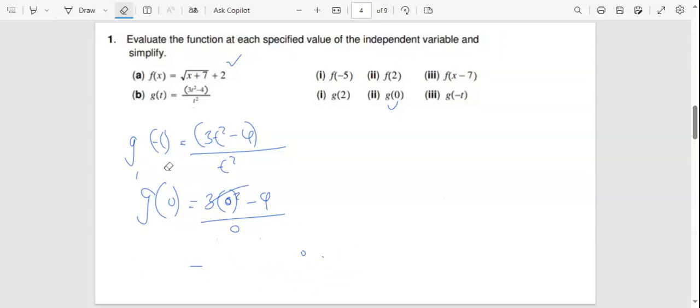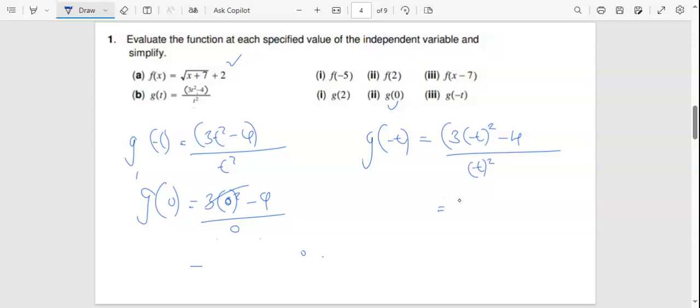So let's go to the second one. I'll just substitute directly. Wherever there's t, I'll put negative t, then squared, then minus 4 over the same t there, so I'll put negative t, then squared like that.